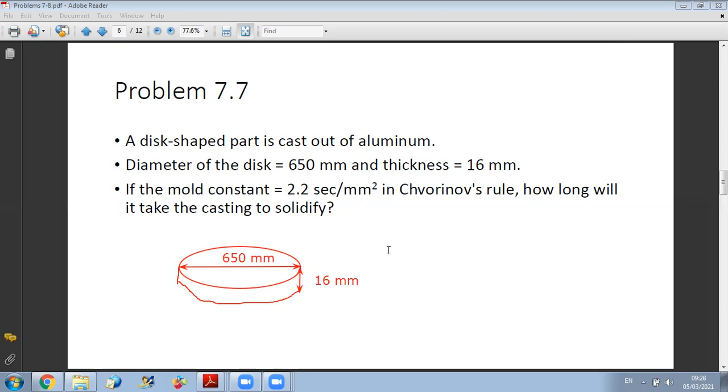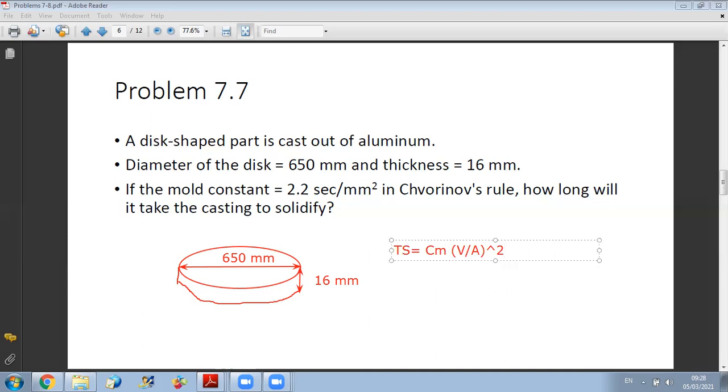If we use Chvorinov's rule, the time of solidification is equal to the mold constant Cm times the volume to area ratio to the power n. Now, n in general is taken to be equal to 2. The mold constant is given in seconds per millimeter square, so the dimensions should be in millimeter to end up with a solidification time in seconds.